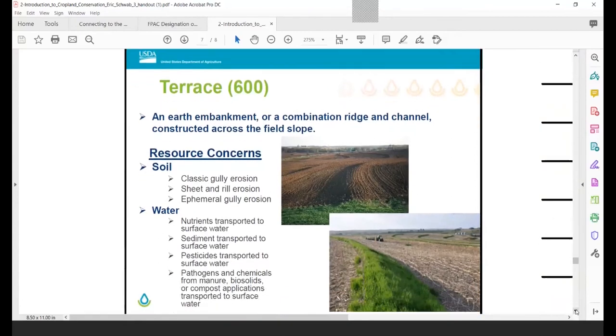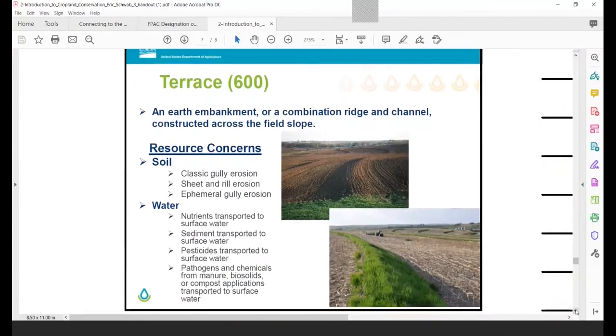Terraces. Terraces are an earthen embankment, or a ridge with a channel, constructed across the field slope. So they will be on what we call the contour, with equal elevation, almost equal elevation. There's a little bit of a slope to channel the water to the outlet. Again, we're going to be addressing sheet and rill erosion, classic gully and ephemeral gully erosion, and the nutrients transported to water.